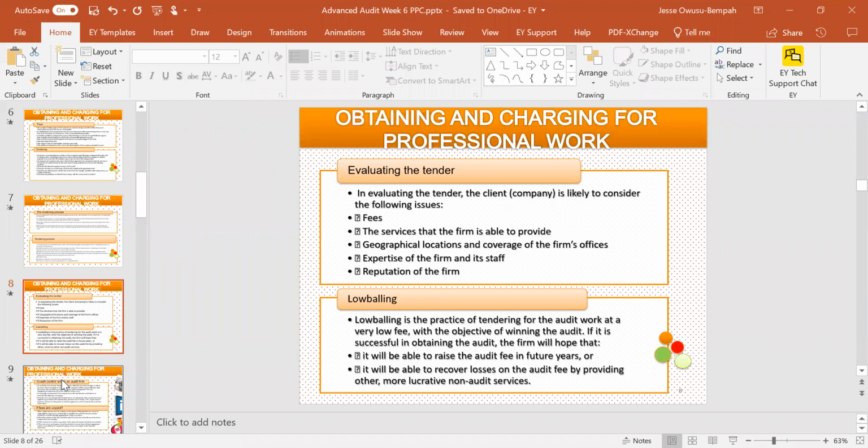Okay, so I want to find out, is it ethical to use the revenue base of a particular company in determining fees for an audit work? Is it ethical to use that?